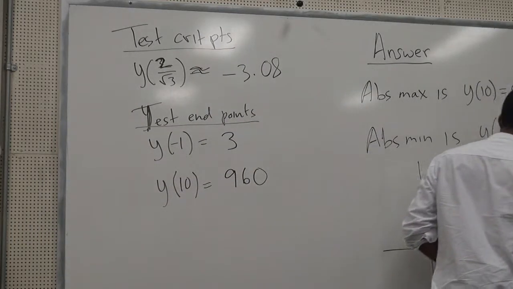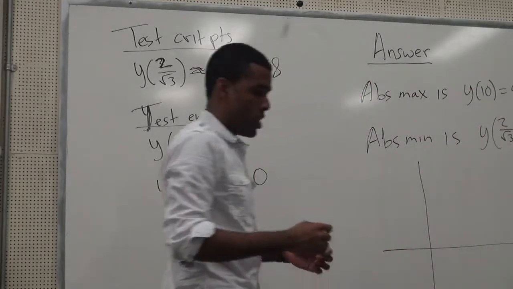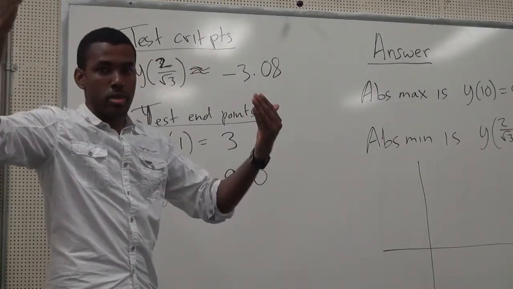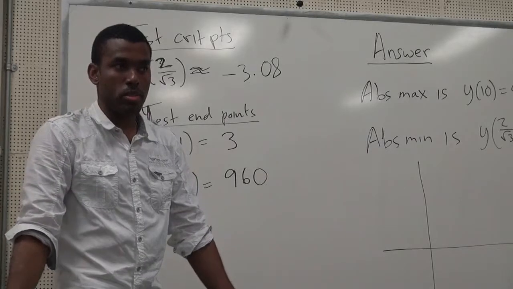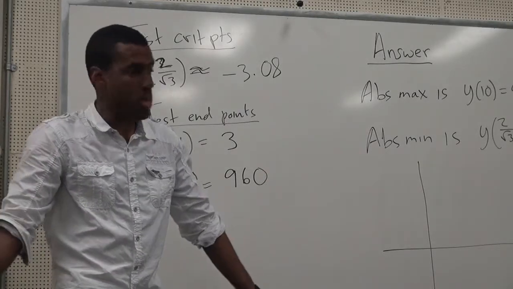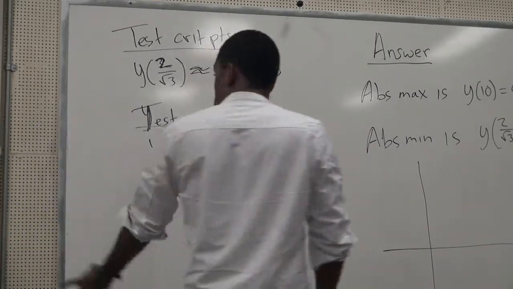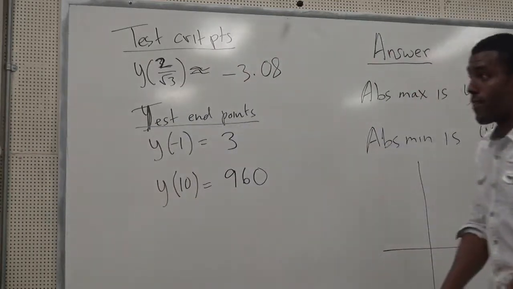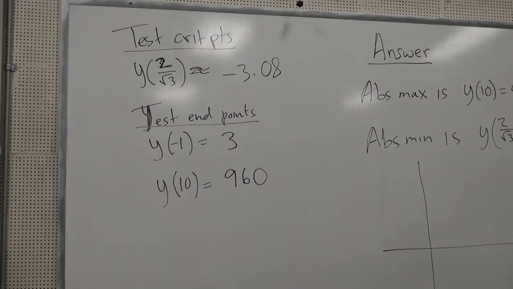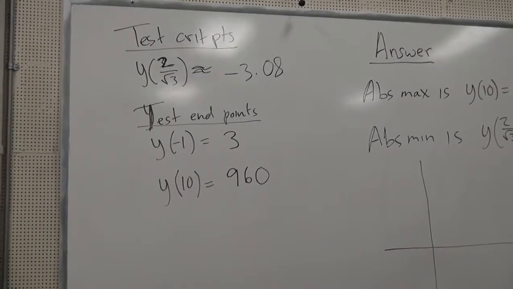Now the point of this was what? When you're talking about absolute max and min, what do you actually care about? You just care about who's the biggest value in some interval and who's the smallest value in some interval, right? You don't care if it's a local max or min, it doesn't even matter. So if you were to graph this guy, what would the graph look like?